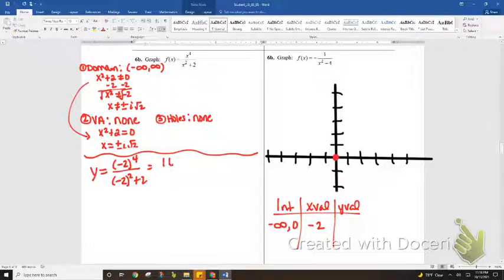So negative 2 to the 4th is 16 over 4 plus 2. So 16 over 6, which is 8 over 3. So what is that? 2.7 approximately. So negative 2 and 2.7, so somewhere in here.